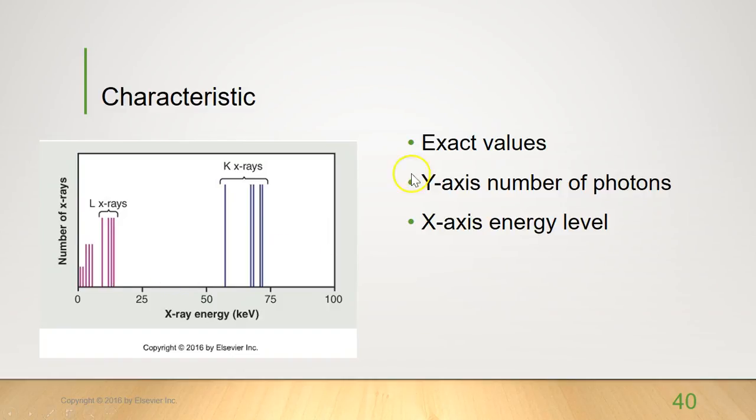So what this tells you is characteristic has exact values. This is the number of X-rays, and this is the energy level. It could be a range, but these X-rays are not going anywhere else on the spectrum. So if you saw a graph like this, you should just immediately know that is characteristic photons.